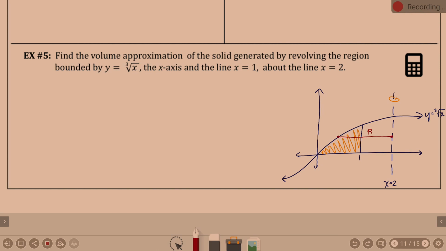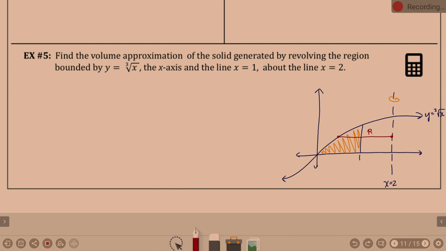Oh, it's sideways. I agree this is R. I agree that it's 2 minus something. 2 minus y? Or, no, 2 minus y cubed.